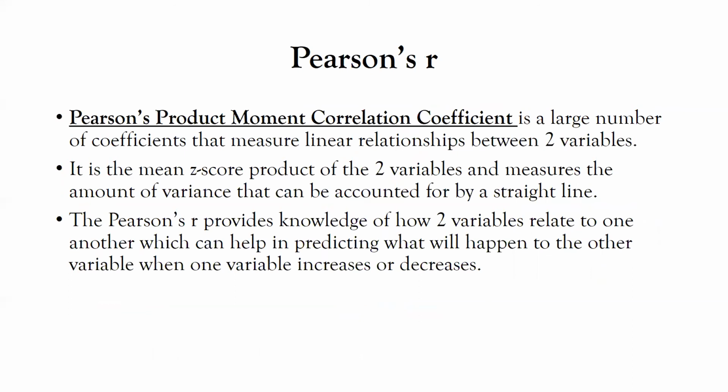Now, you will see that later in the Pearson's R table, which measures linear relationship between two variables. This will go back to your lesson on z-scores because it is a mean z-score product of the two variables and measures the amount of variance that can be accounted for by a straight line.